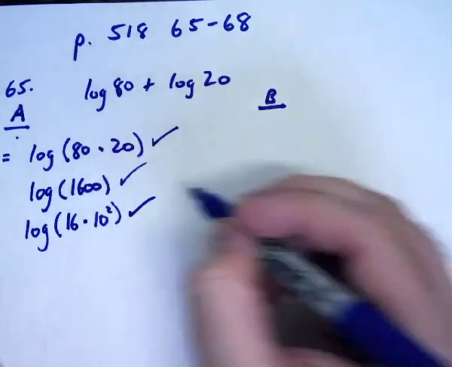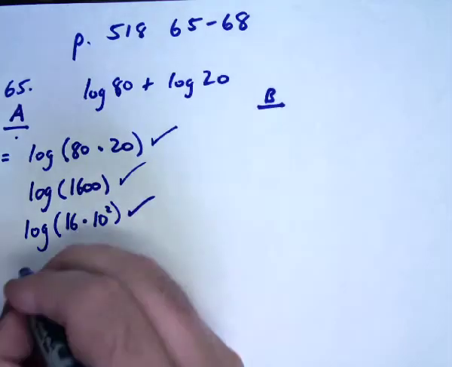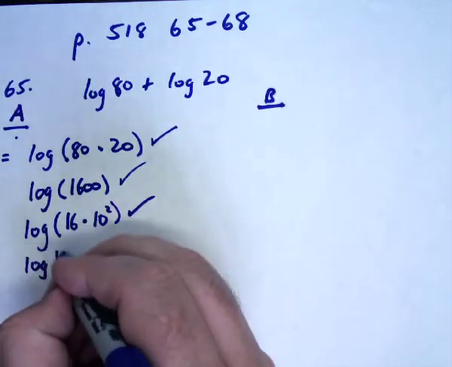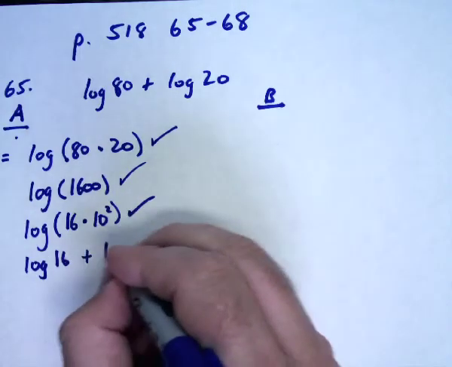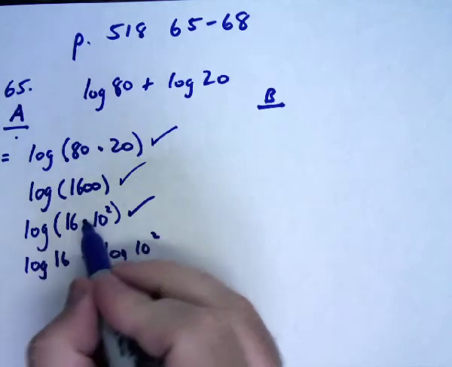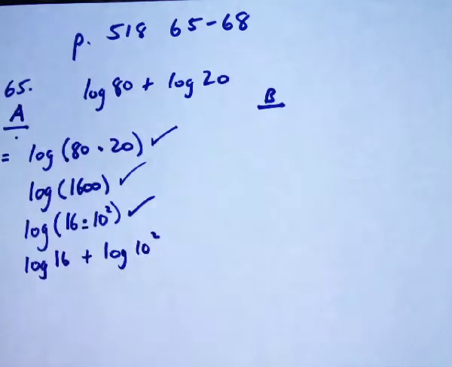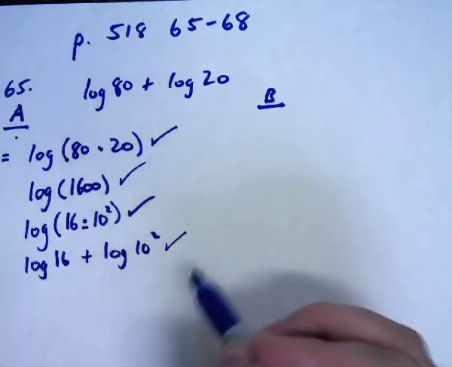Alright, that works. And then log 16 plus log 10 squared. So they took what's in here, they said, hey, we're multiplying these things, so that means we add the logs. Alright, that's alright.